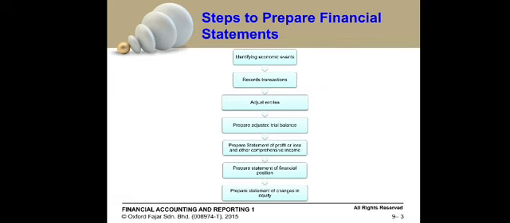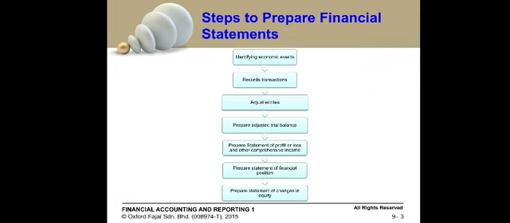Okay, so this is the first thing, just to refresh your memory. This is the accounting cycle. The accounting cycle shows the steps that you have to follow when you want to prepare accounting record for a business, including a company. So the process is started with identifying economic events.